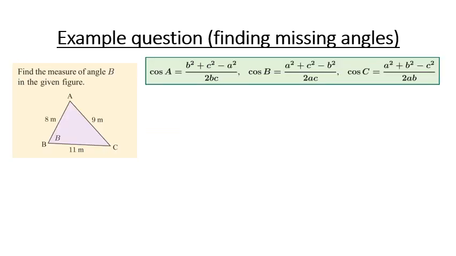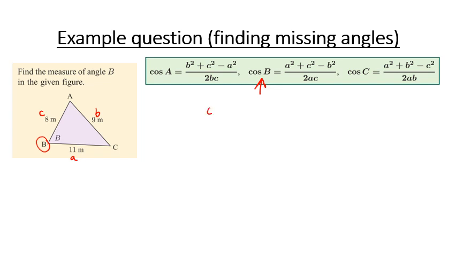Here's an example where you might find a question that's asking you to determine the missing angle of a triangle. You can see in our diagram that the missing angle is at B. So we are going to use this formula here, which means that this would be B, this is little c, and this is little a.